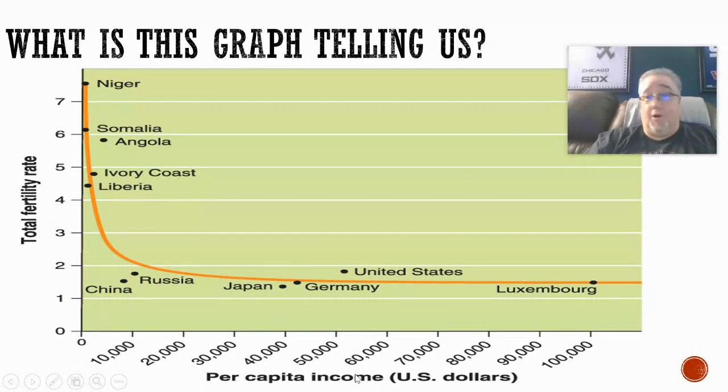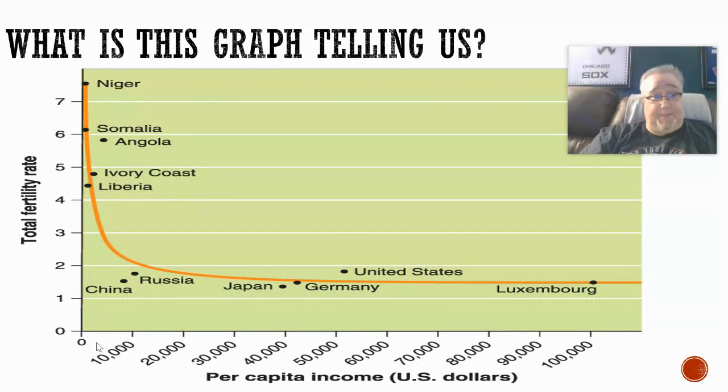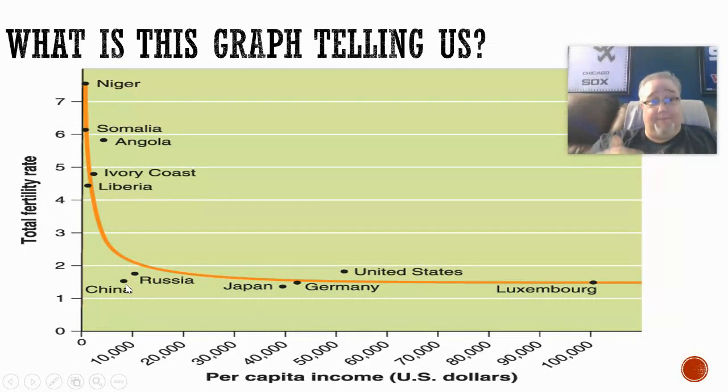How much money per person, right? So, for example, if you look at all of these African countries, all of these developing countries, with those high fertility rates, you'll notice that those people are not making a lot of money, right? China is kind of an interesting one. China has a fertility rate of less than two.